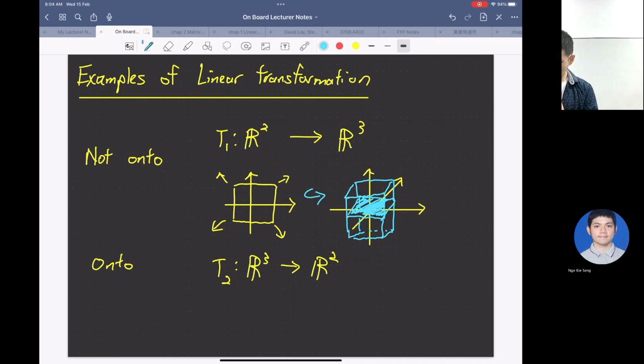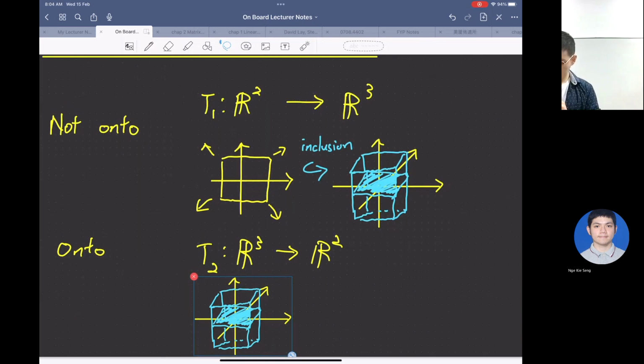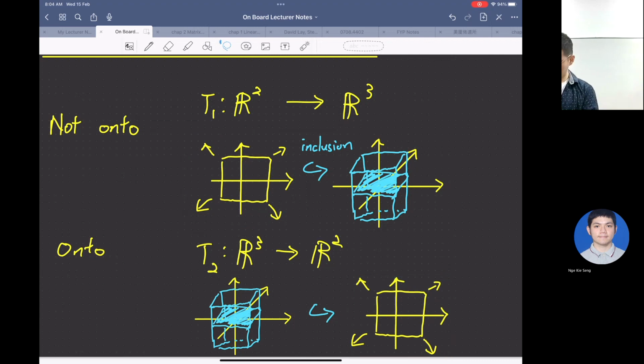If we swap the arrow, the first one we call inclusion, and the second, how about we call it smash? We smash the box flat into 2D. This is onto.